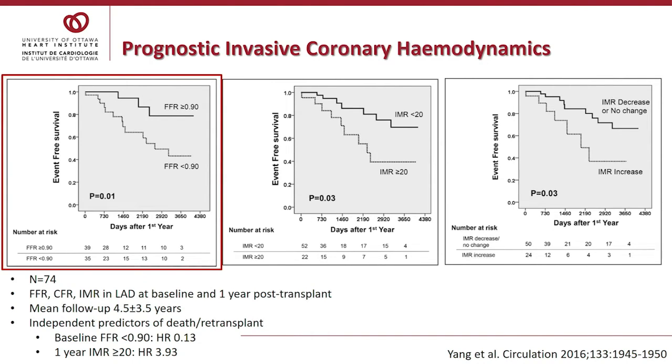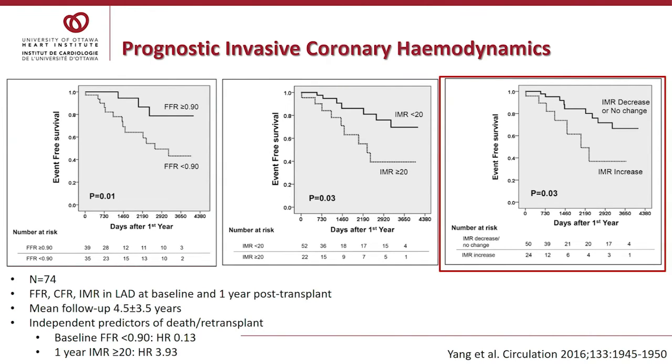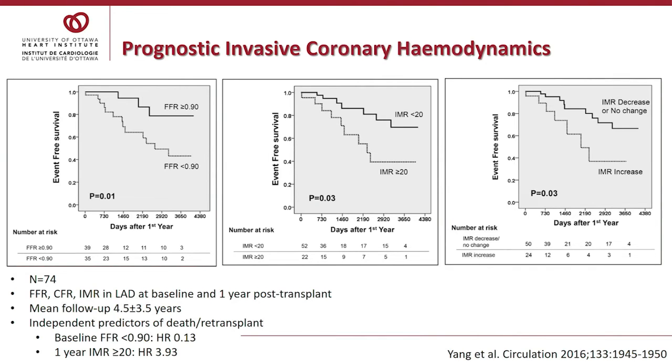And what they showed was that if you had an FFR that was reduced, less than 0.9, in this example very early post-transplant and hence reflecting donor-transmitted disease, or if you had evidence of microvascular dysfunction as evidenced by either elevated index of microcirculatory resistance at 12 months post-transplant, or that parameter increasing in the first year of transplant, that these were all significant predictors of lower freedom from death as well as retransplant.